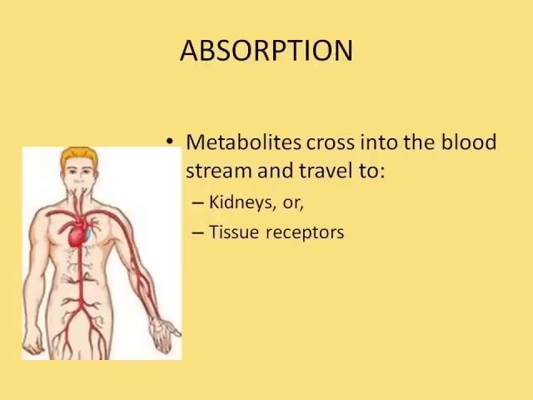Now, these metabolites cross into the bloodstream, and while they're in the bloodstream, they either travel to the kidneys and then are eliminated, or some of them actually make it to the tissues, where they are picked up by the receptors and the treatment for the condition is begun.